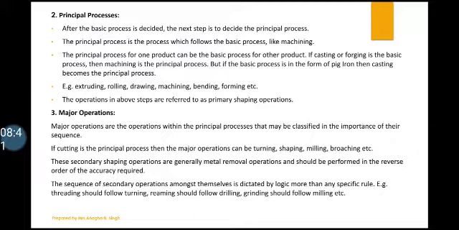The sequence of secondary operations amongst themselves is dictated by logic more than any specific rule. For example, threading should follow turning, reaming should follow drilling, grinding should follow milling, etc.